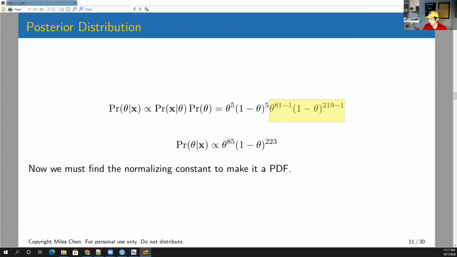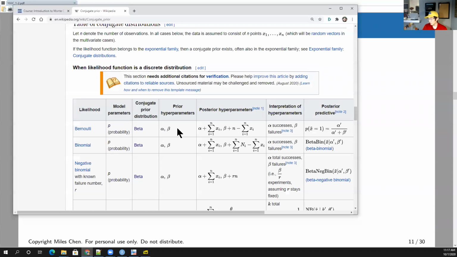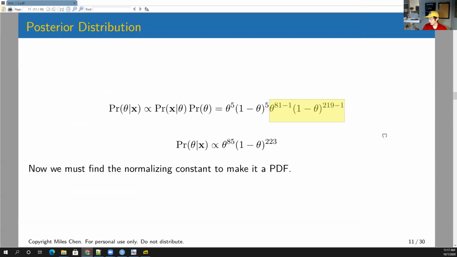Our data is a binomial random variable or a sequence of Bernoulli random variables, and the conjugate prior is the beta distribution. If I use the beta distribution, which has this form multiplied by a constant, and multiply it by the likelihood, we can see that the terms combine nicely together, and I get this overall thing here.